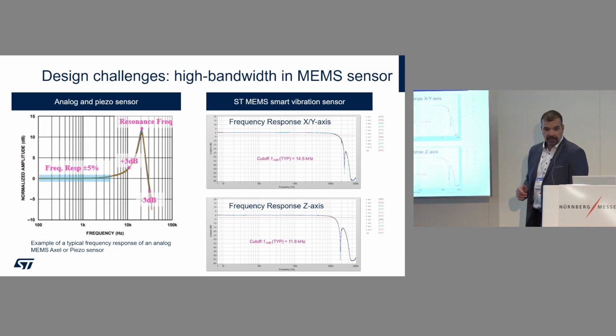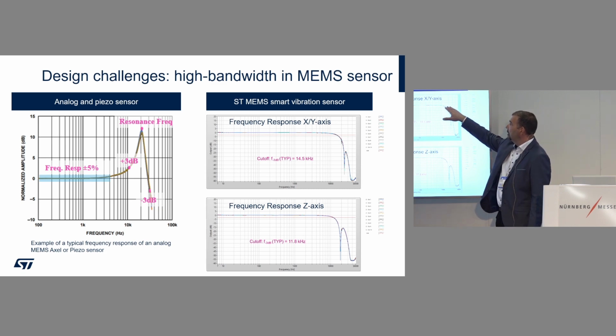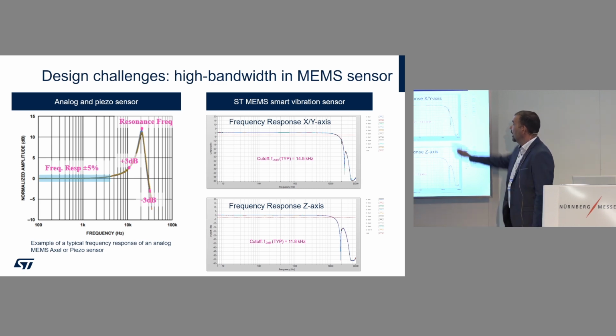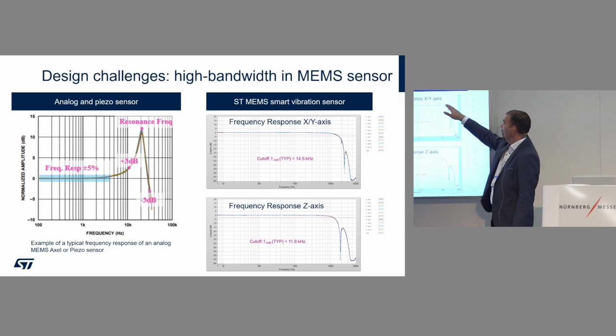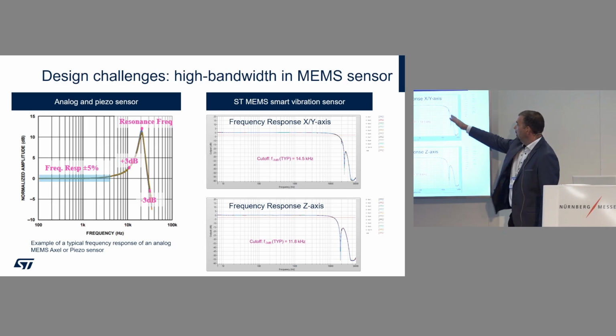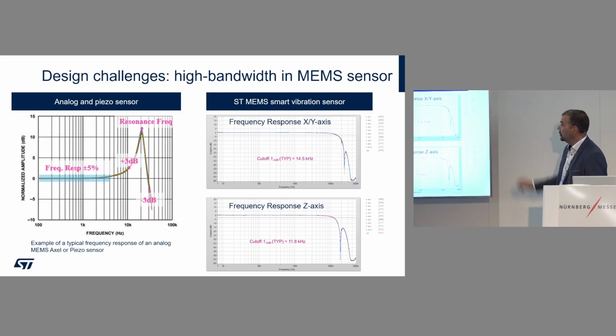What we did in our sensor is a specific design where, in the digital part of the sensor, we are attenuating this peak. So you are getting a really flat response up to the -3 dB range, and then the signal is attenuated. I will show you the filtering chain later in the block diagram.